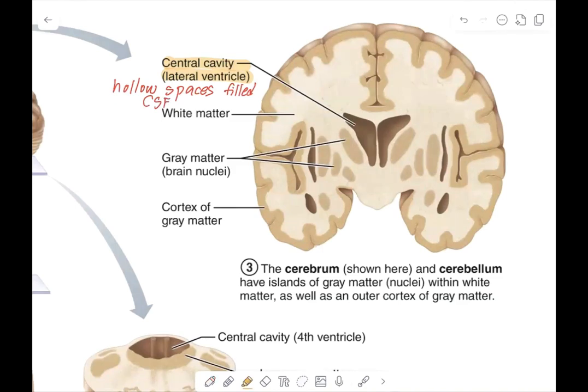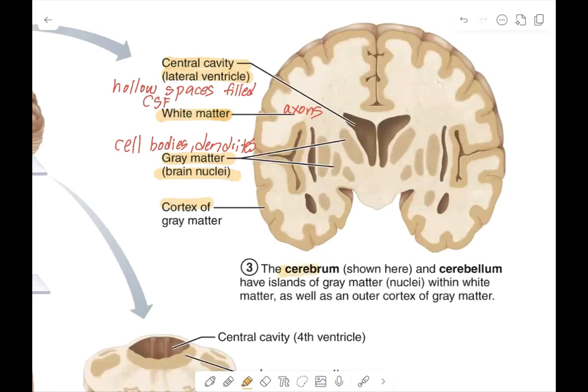The white matter is going to be important tracts or axons that are present in the brain. The gray matter is called basal nuclei, and they are essentially cell bodies and dendrites. And then the outermost part, the sort of the bark of the cerebrum, is what's called the cerebral cortex. So we can see the cortex here.